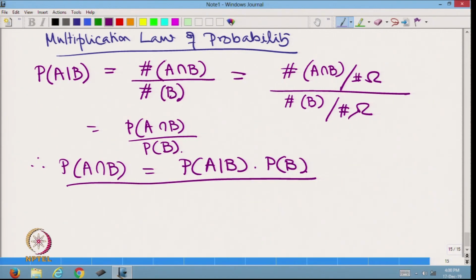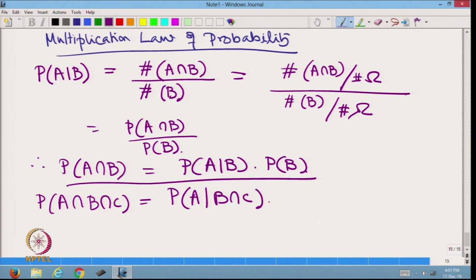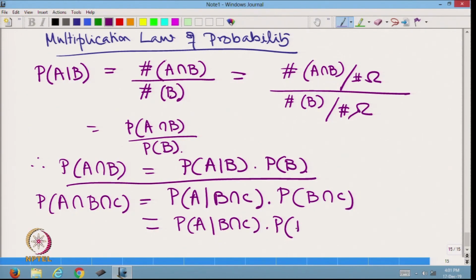More generally, probability of A intersection B intersection C, we can write as probability of A given B intersection C multiplied by probability of B intersection C by the same law. Now, we can again simplify it as probability of A given B intersection C times probability of B given C multiplied by the probability of C.